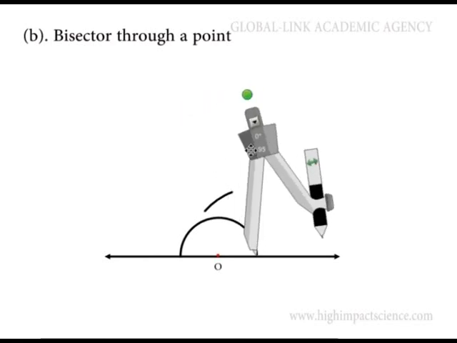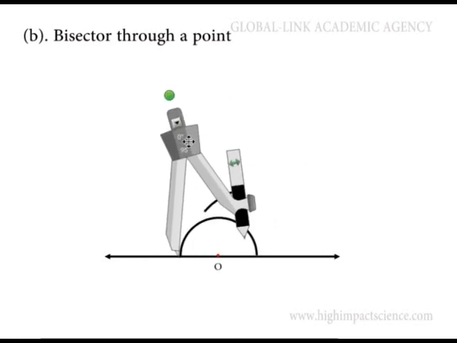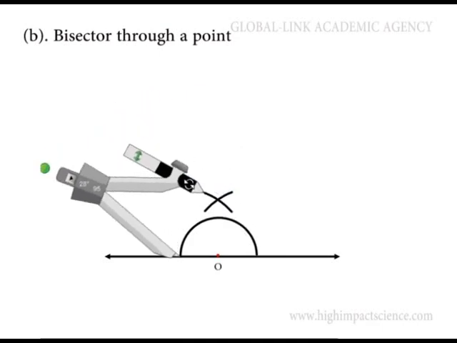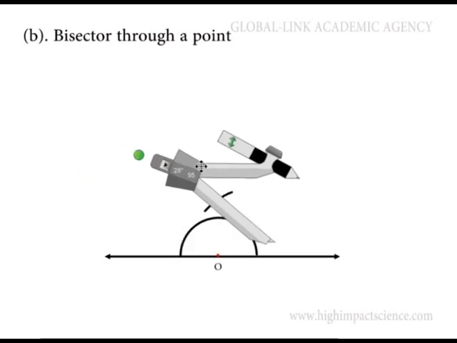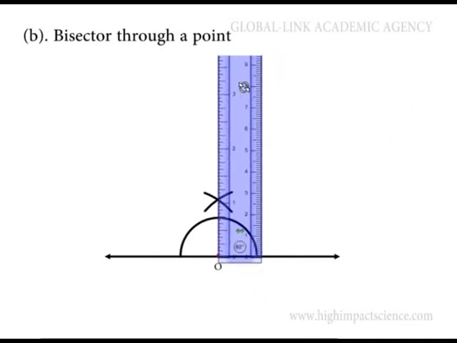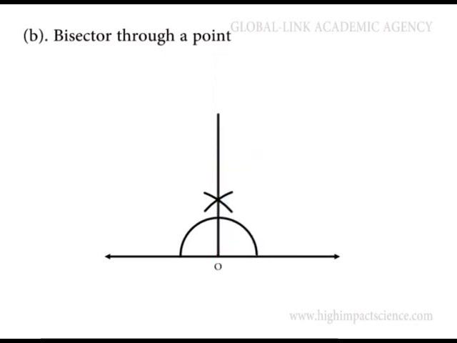Then, without changing the radius, place the needle on the other point and again make another arc. Now put the compass aside and using a ruler, join our point to the intersection of the two arcs. And basically what we have done is draw a perpendicular through point O.